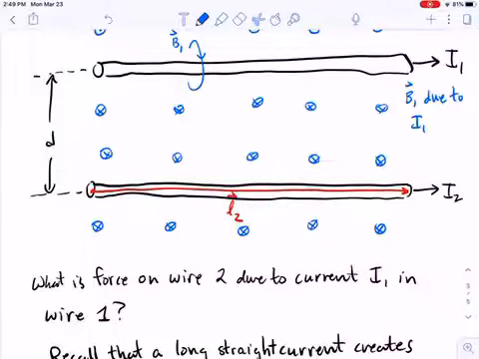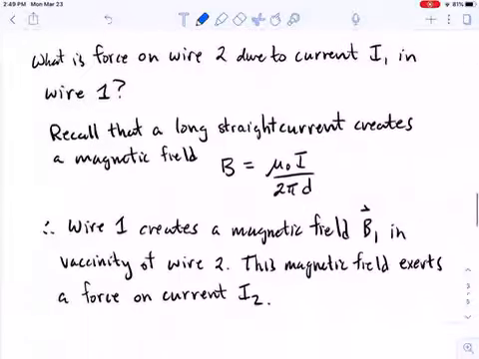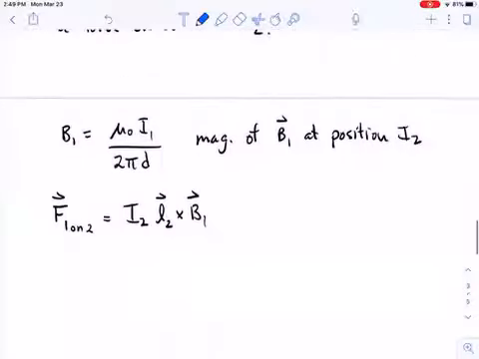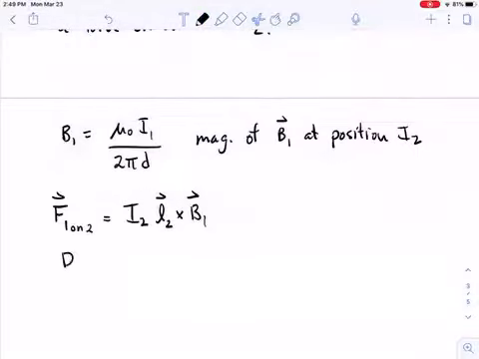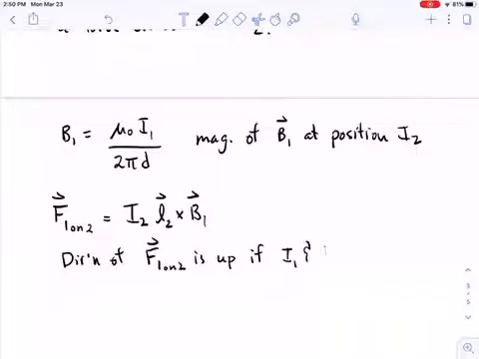Our thumb's going to point up. And so what we would say then is that the direction of F1 on 2 is up if I1 and I2 are parallel.